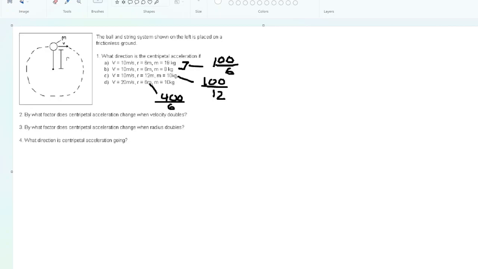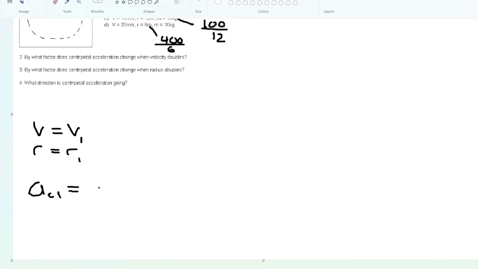Now let's see what happens to our centripetal acceleration when the radius doubles. Now when the radius doubles, we're going to have the same approach. Our velocity is going to be equal to V1, and our radius is going to be equal to R1. In this case, AC1, centripetal acceleration 1, is going to be equal to velocity 1 squared divided by R1.